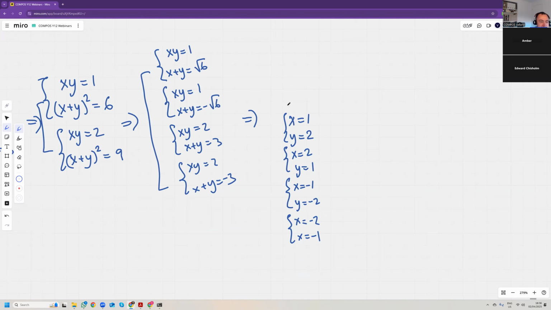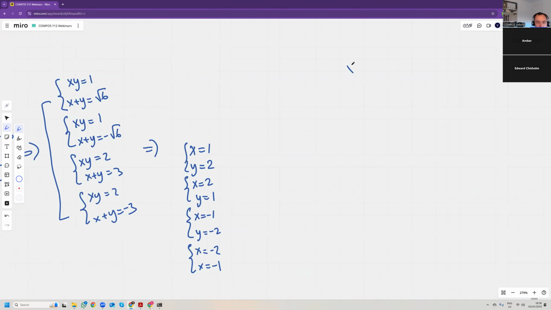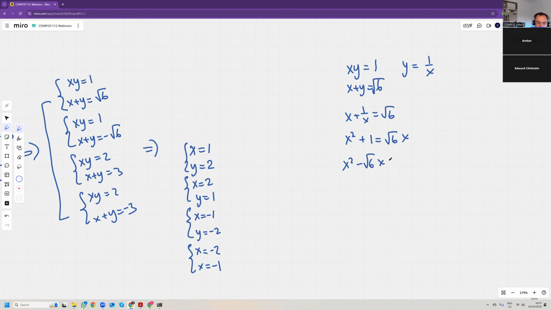Now let's consider this separately. So xy equals 1, x plus y equals root 6. Well, let's make y the subject. y equals 1 over x. Substitute that in. x plus 1 over x equals root 6. x squared plus 1 equals root 6 x. x squared minus root 6 x plus 1 equals 0.